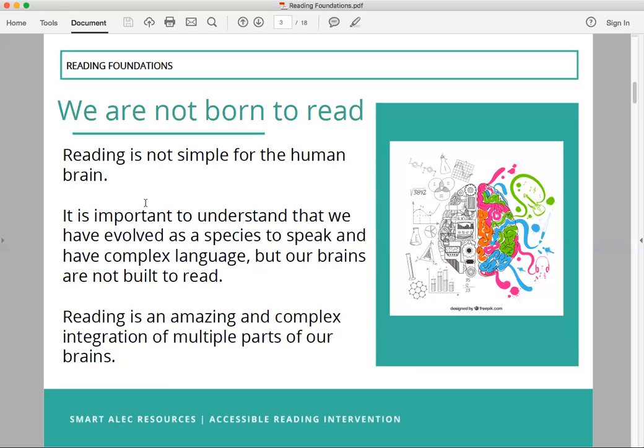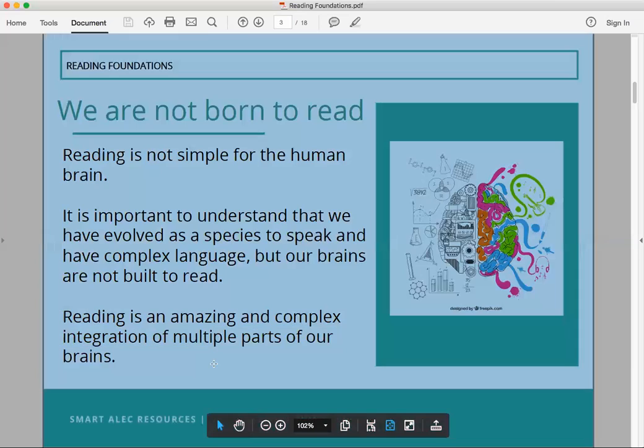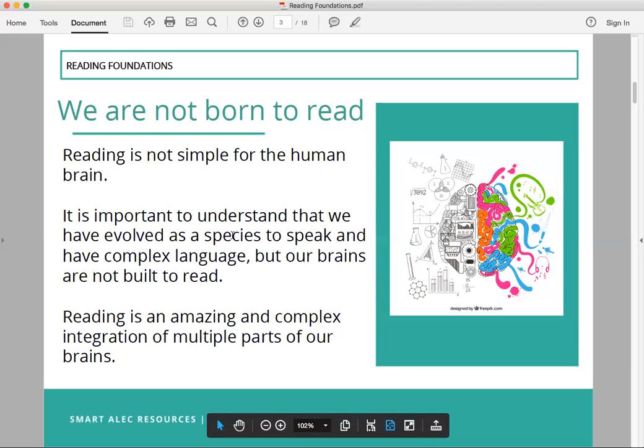And really that's why we say decoding, because it's a code that we have to be able to break. It's very complex. So as is noted here, reading really is an amazing and complex integration of multiple parts of our brains really happening all at once.